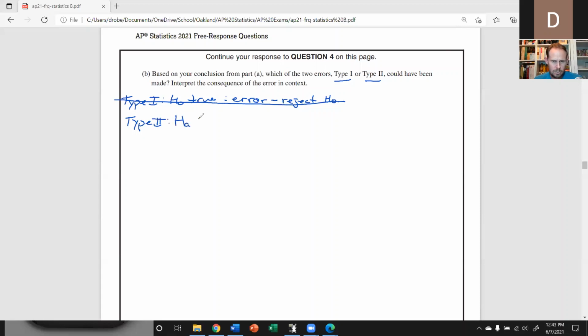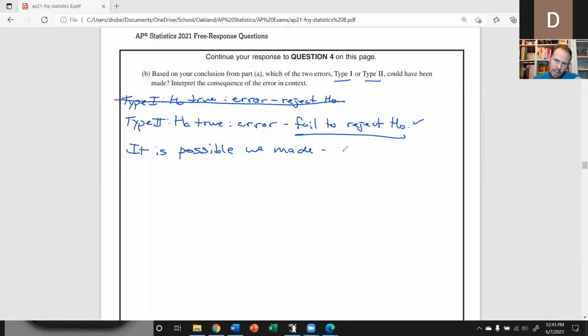The H a is true, and the error is failing to reject the H naught. Now, this is what we did. It's not any fault of our own. It would just be bad data, an unlucky sample, but it is possible we made a type 2 error. So now I've answered the first question: based on the conclusion of part A, which of the 2 error types could have been made? Type 2. Now interpret the consequence of the type 2 error.